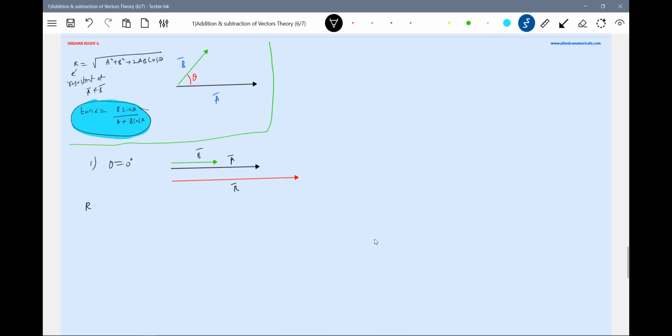So according to the formula, substitute theta equals 0 here. Then the formula will be R equal to root of A square plus B square plus 2AB cos 0 degrees. Cos 0 is 1.